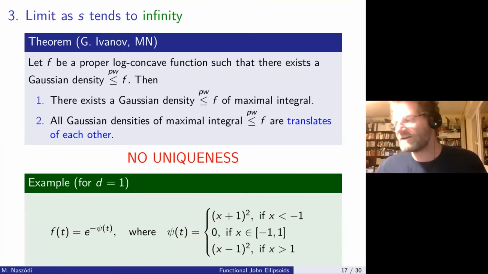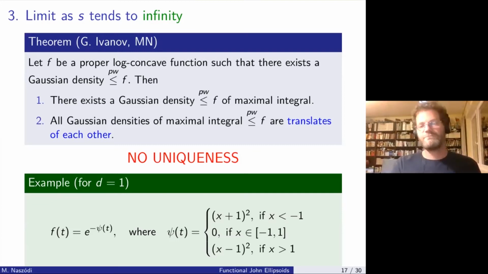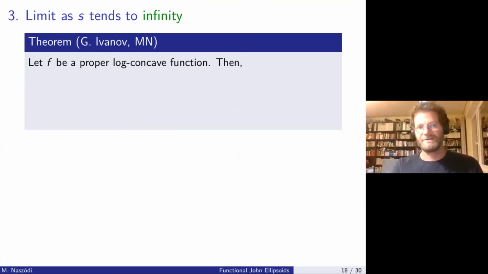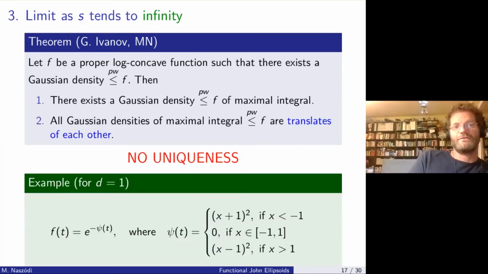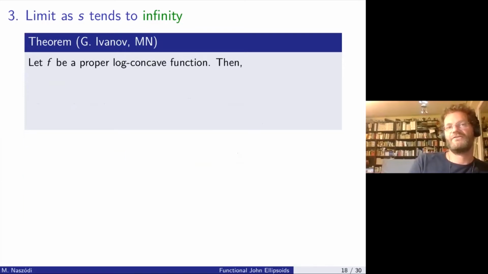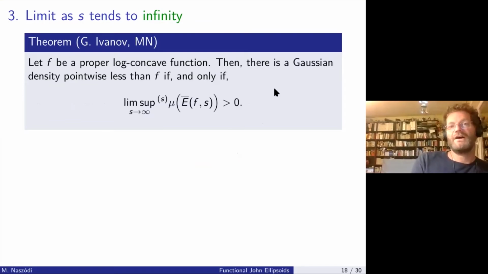I'm looking at the time, and I'm not going to explain this example. You can check it. So we know that if there is a Gaussian density under f, then there is one or more of maximal integral. But now, when is there a Gaussian density pointwise less than f?